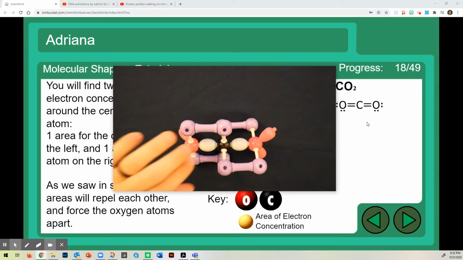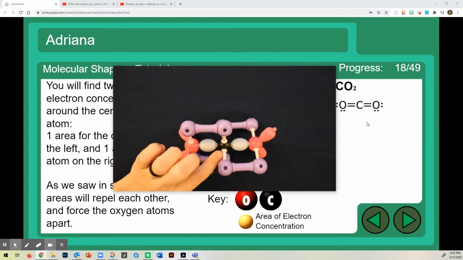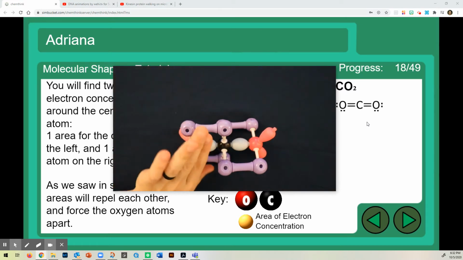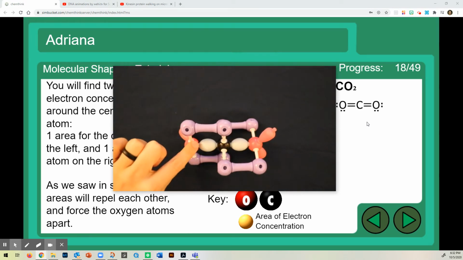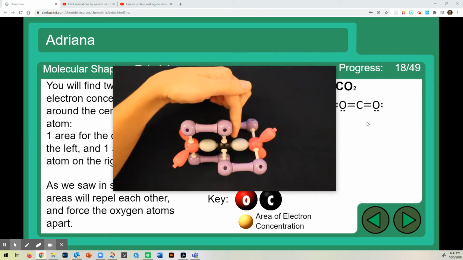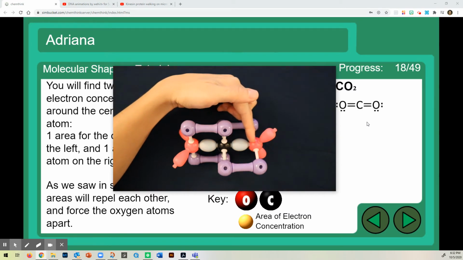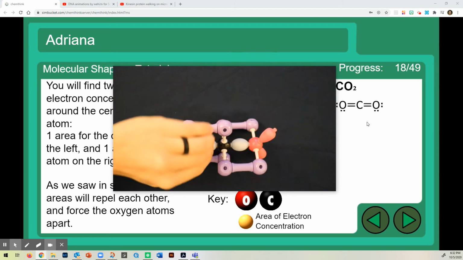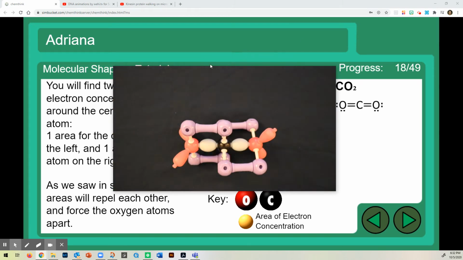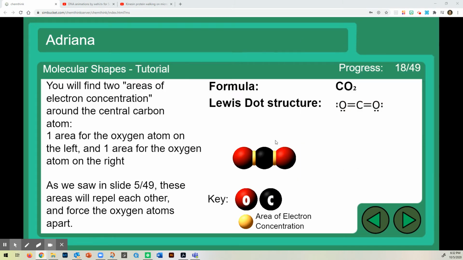But we are just saying that there are two areas of electron concentration around the carbon atom, one on this side between the carbon atom and the oxygen atom, and one on this other side between the carbon atom and this oxygen atom. There's just electron density on either side. It just looks kind of complex when we do it this way, but we can just imagine it like this.